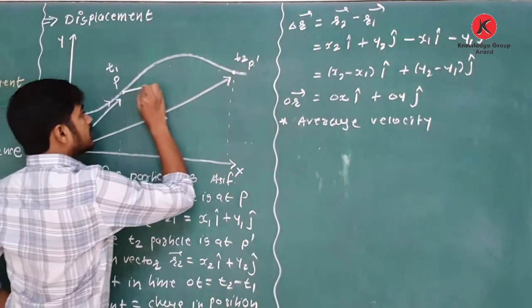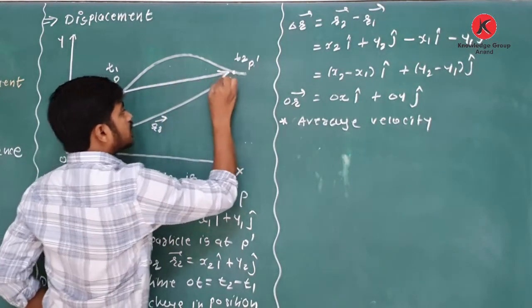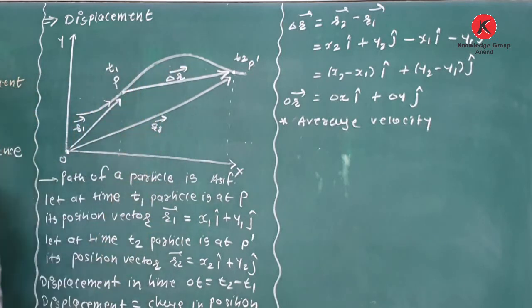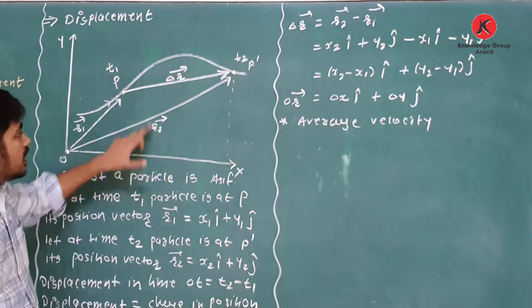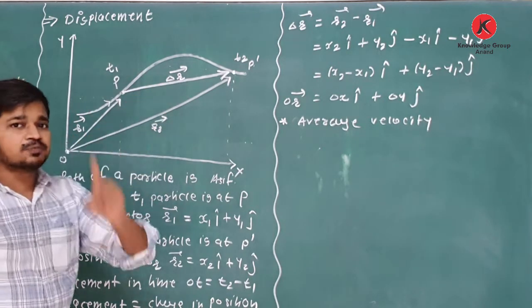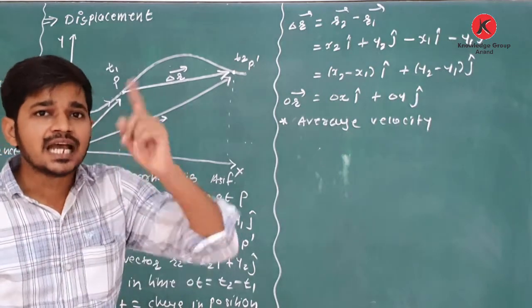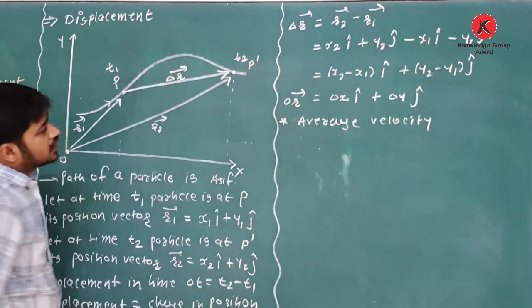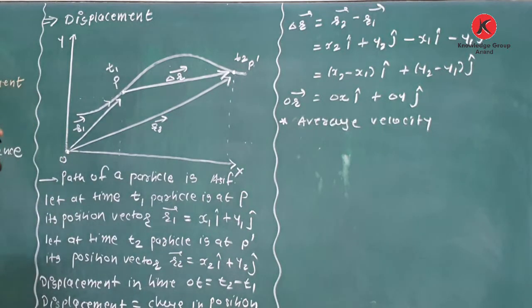Yes, it is displacement vector delta r. Clear about this? Okay, so remember, r1 is position vector, r2 is position vector, and delta r is displacement, and displacement is in this direction.